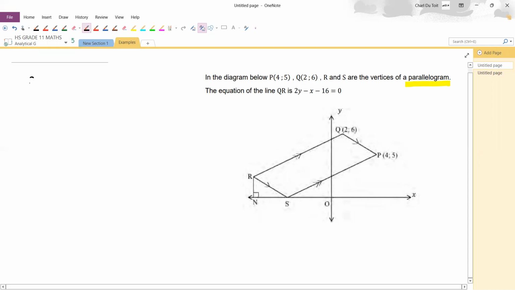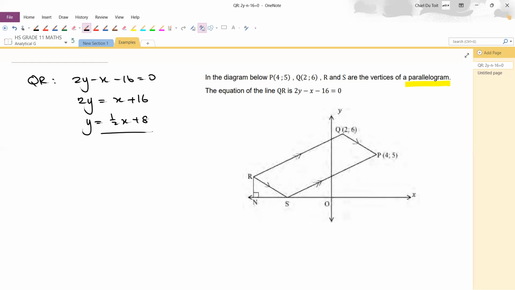Let's write that. QR is 2y minus x minus 16 is 0. And I hope you're going to just put that into its standard form. There's the standard form. Right, quickly do that. I'll give you a minute to make that drawing.